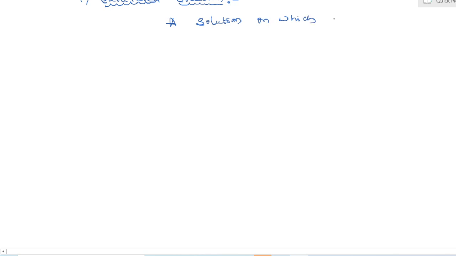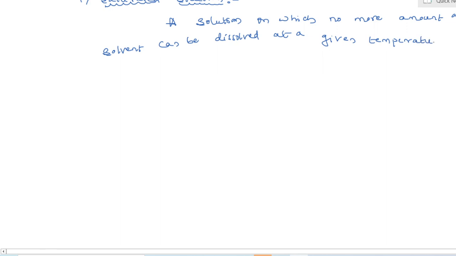A solution in which no more solute can be dissolved at a given temperature is called a saturated solution.